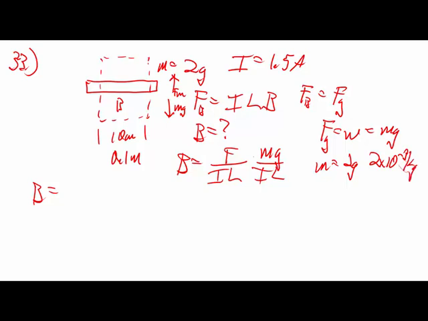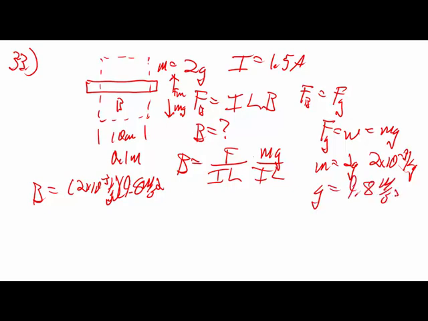So let's plug all that in. We have 2 times 10 to the negative 3 kilograms times 9.8, we know gravity, meters per second squared, and you should have already written that down. Gravity is 9.8 meters per second squared.